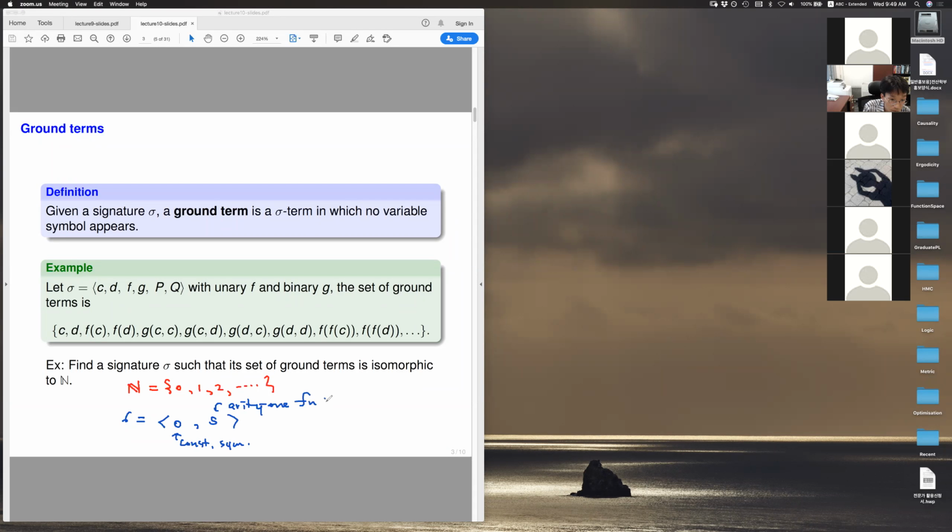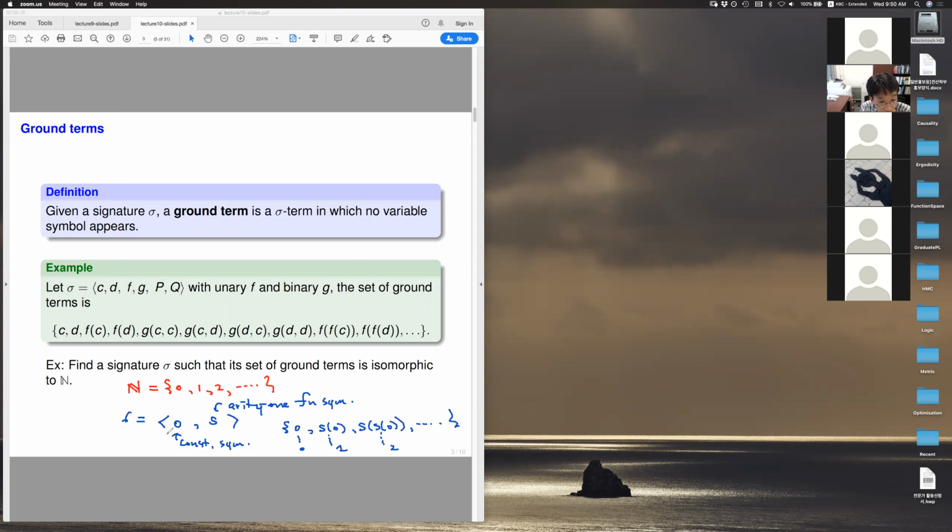In this case, if I generate all the ground terms, it's going to be 0, successor applied to 0, successor applied to this term, which is S0, and so on. And then this one can be mapped to natural number 0, this one to natural number 1, natural number 2. So it's isomorphic to the natural numbers.